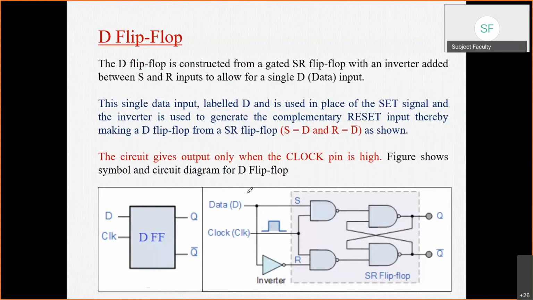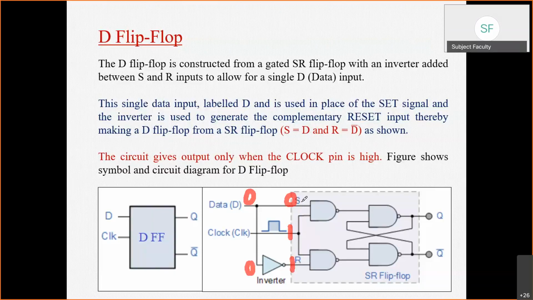So now let's assume that this data input D is 0. Since the value of D is 0, the value of this S will also be 0. Clock will always be 1. But now 0 is given to the input of this NOT gate, and the output of the NOT gate is nothing but the reset terminal. So this reset terminal will now be equal to 1.